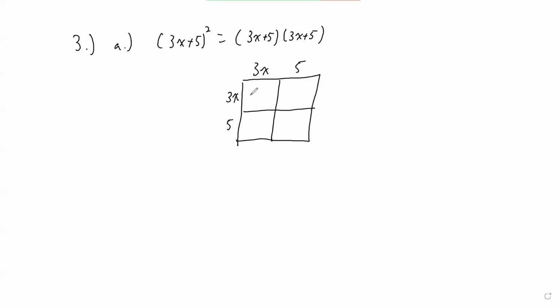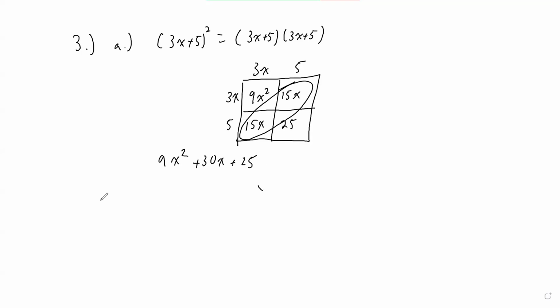So 3x times 3x is 9x squared. 3x times 5 is 15x. 3x times 5 is 15x. And 5 times 5 is 25. So when I write my result, I would get 9x squared plus 30x, because those are the same sign. So 15x plus 15x would give me 30x plus 25.